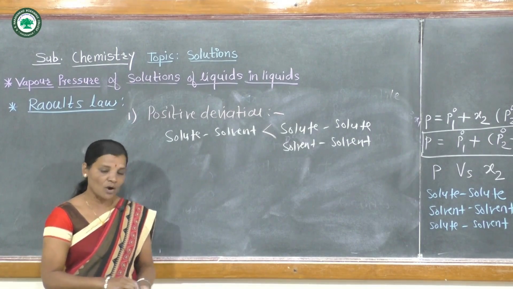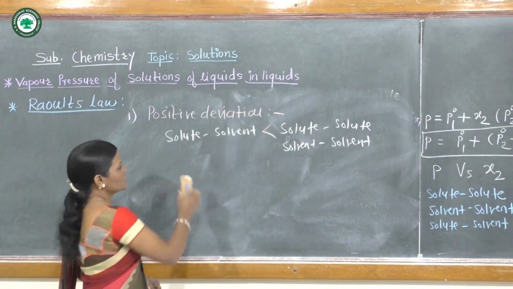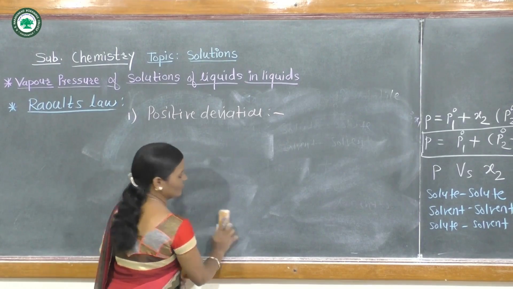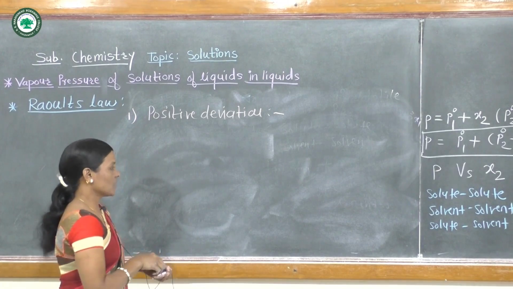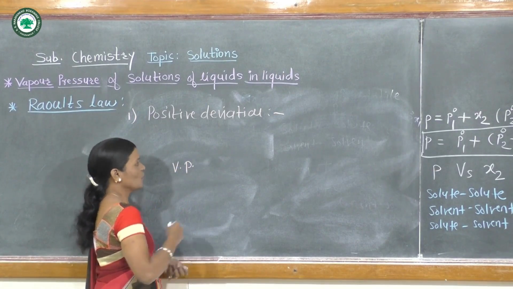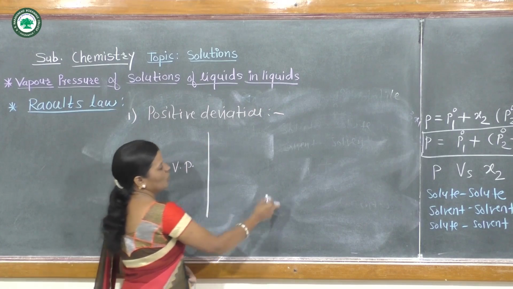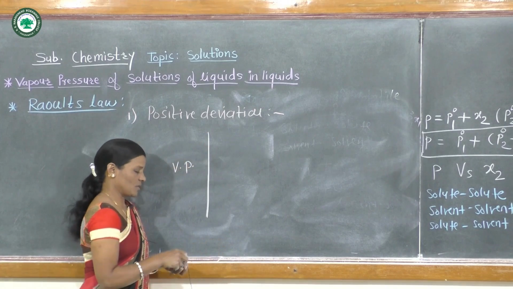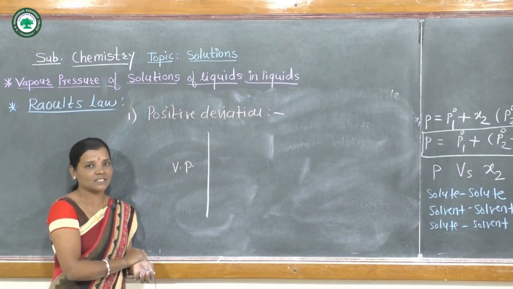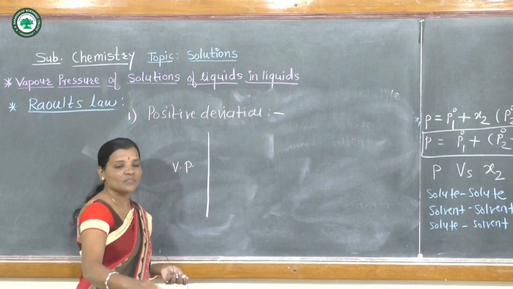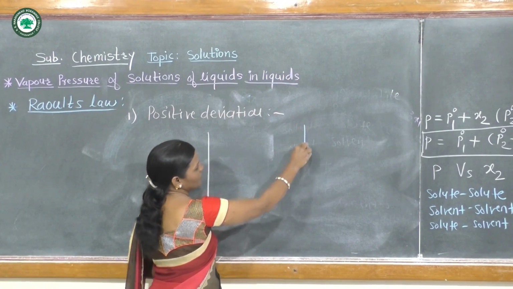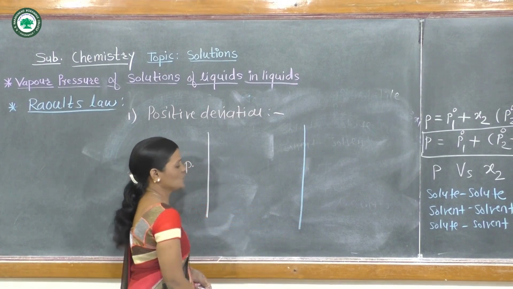Now let us plot the graph for positive deviation. Consider the graph of vapor pressure versus mole fraction of the volatile component in the solution. Suppose vapor pressure is considered on the y-axis. Here we have to consider a duplicate axis because two volatile components are present in the same solution.